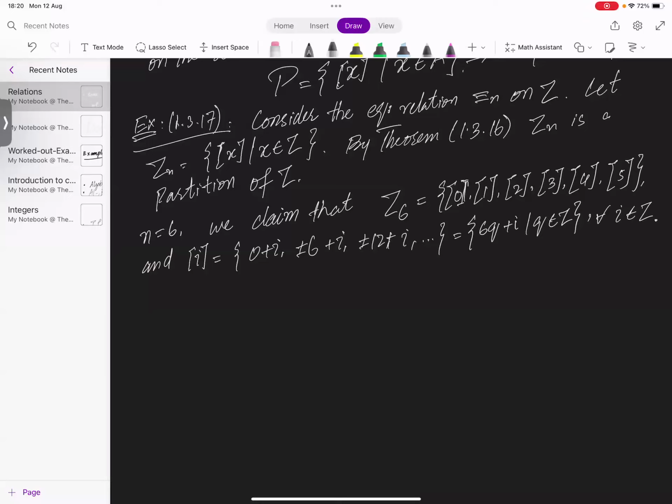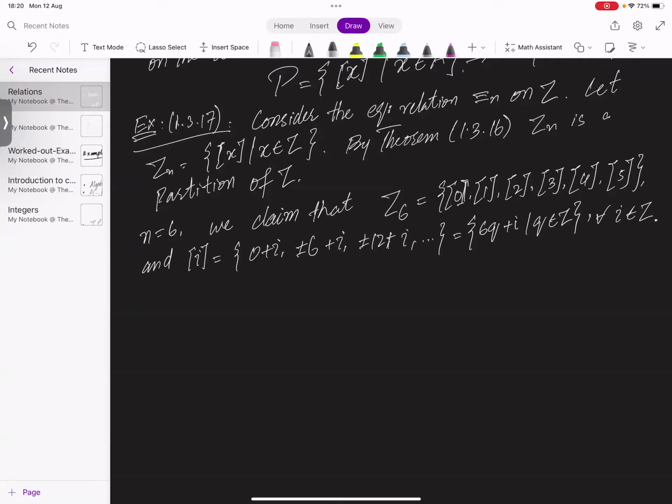Now, this shows what kind of elements every equivalence class 0, 1, 2, 3, 4, 5 has.